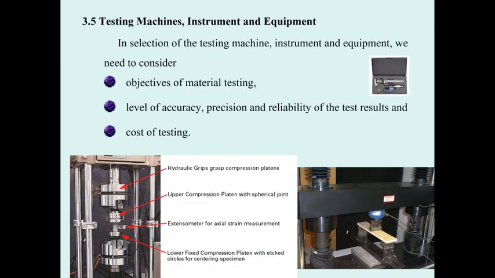Okay. And then 3.5, the testing machine, instrument, and equipment. In the selection of testing machine, instrument, and equipment, we need to consider the objective of material testing. As I mentioned, if you test material for building an airplane and material to build a parking garage, these two have different objectives.